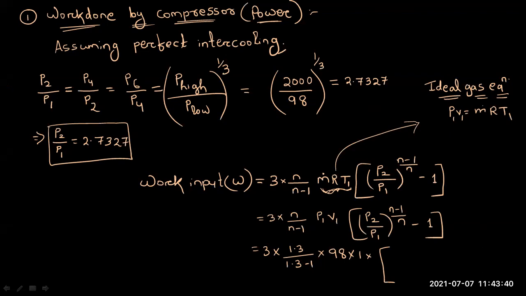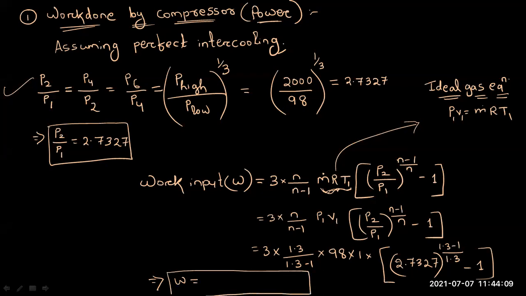To get this P2 by P1 value, I have written this condition and I got 2.7327. So 2.7327 whole to the power n minus 1 by n, that is 1.3 minus 1 divided by 1.3. Now you solve this equation and tell me how much work done we are getting in kilowatt.